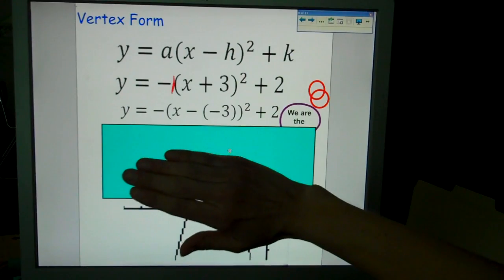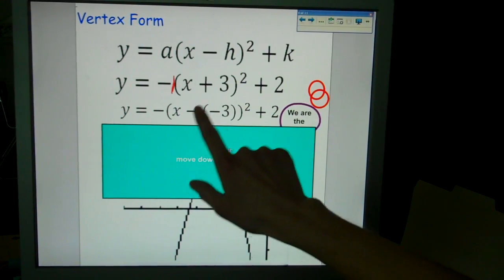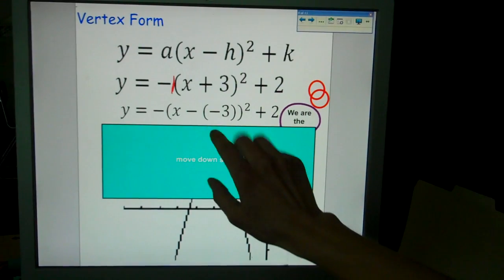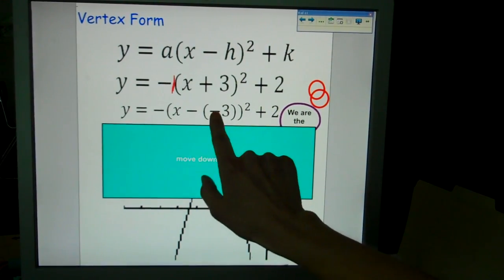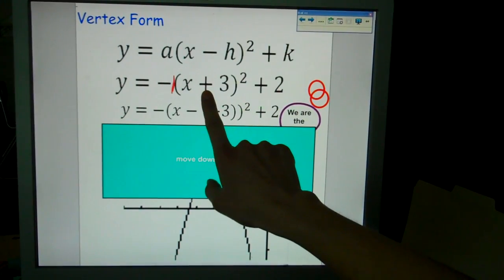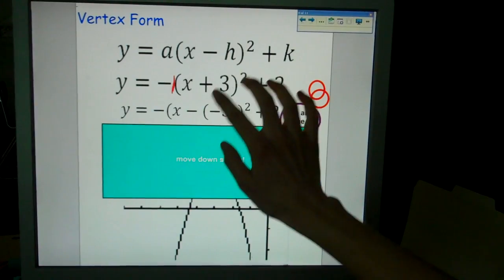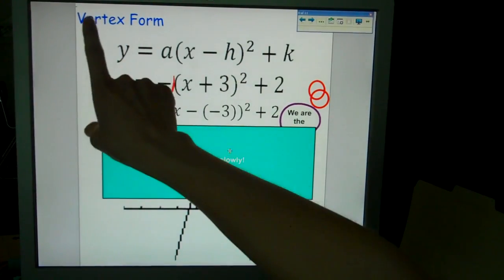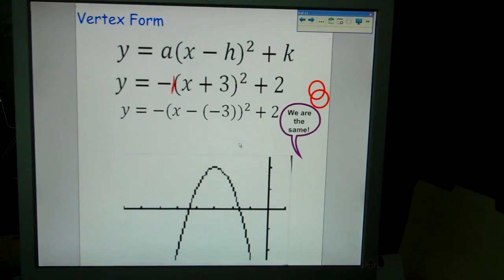That is standard. That can't go anywhere. It's in concrete. Remember your rules of integers. Keep, change. Okay? Or 2 negatives together make a negative times a negative gives me a positive. All right? That's why we can do that. It's essentially the opposite of whatever sign is in here. For vertex form only.